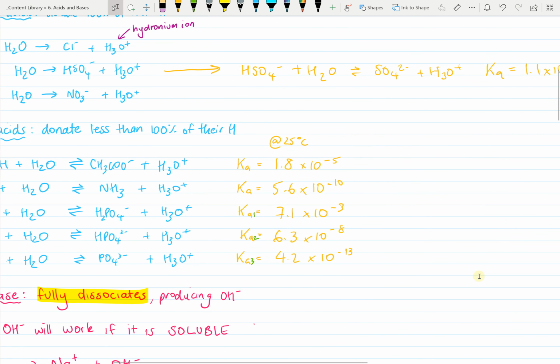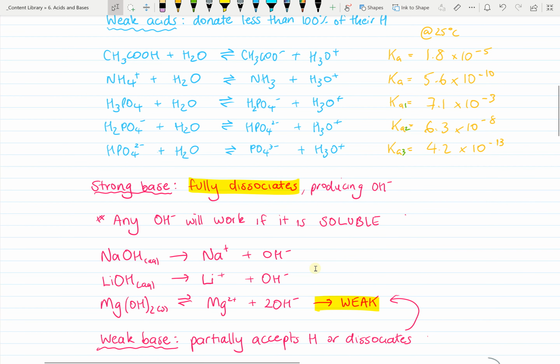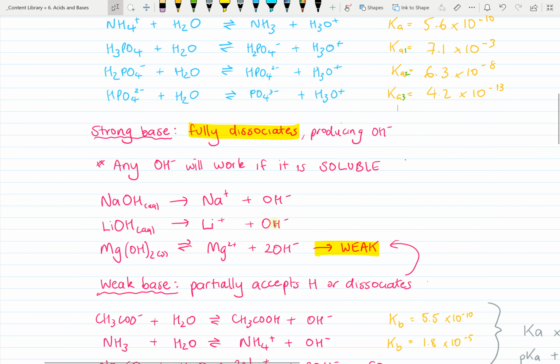And strong bases aren't too dissimilar. There's a lot of similarities, but there are some subtleties. So strong bases, so anything that fully dissociates and they produce OH, okay? They might contain OH already, and that makes it really easy. And so any soluble hydroxide will by definition be a strong base.